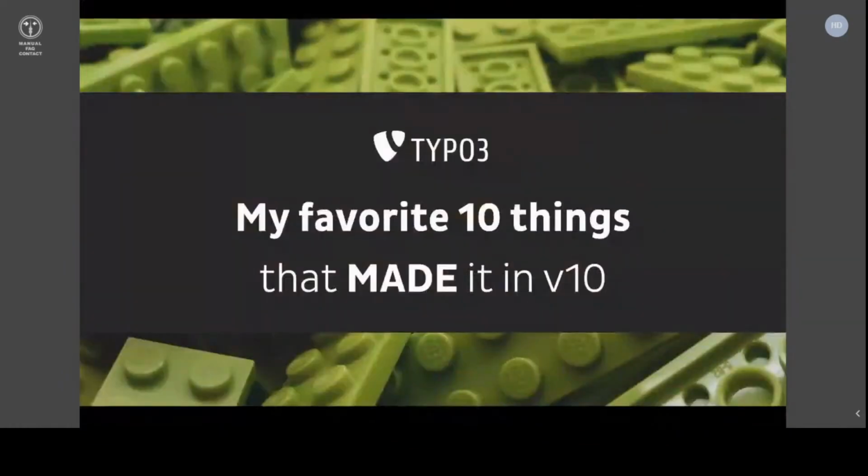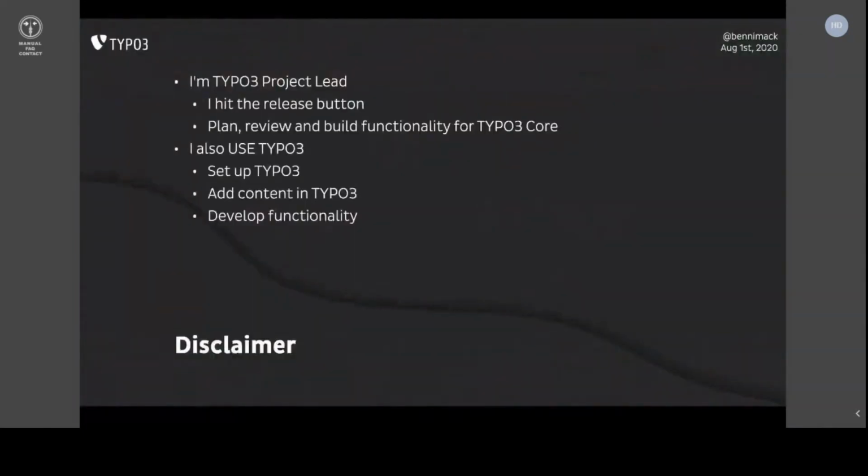So first, I thought I could talk about so many things, but I think it's always good to not just talk about the things that are great in version 10 or in the latest version, but also my favorite things, because I'm also just a human like you and everybody else. I'm the TYPO3 project lead, as mentioned.